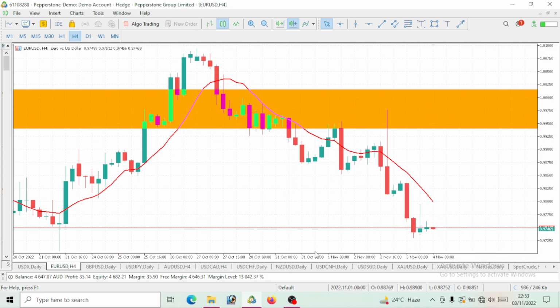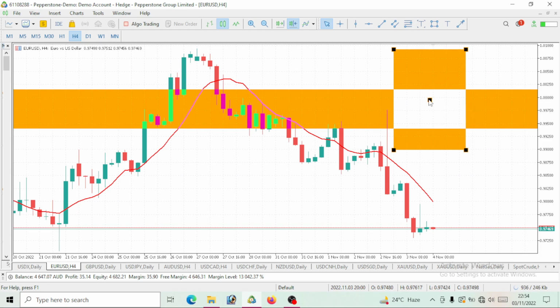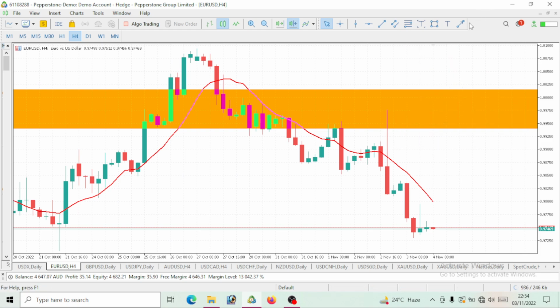And again, if you take a look at this price on our 4-hour time frame, the price is below our moving average. Assuming this price was above our 10 period moving average, the advice would be to try and stay out of this trade, right? If it is above the moving average, try and stay out of this trade. But clearly we can see it is below our moving average.